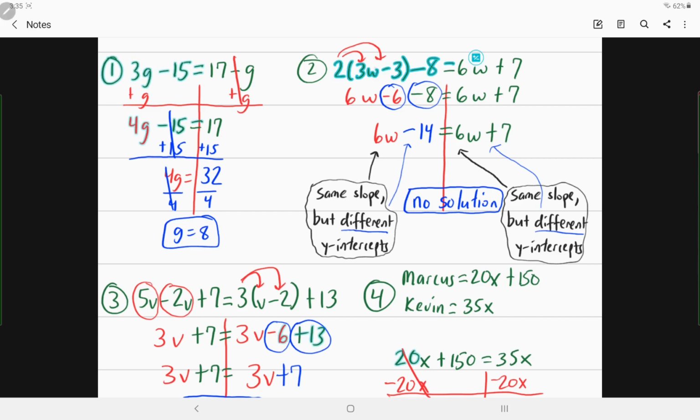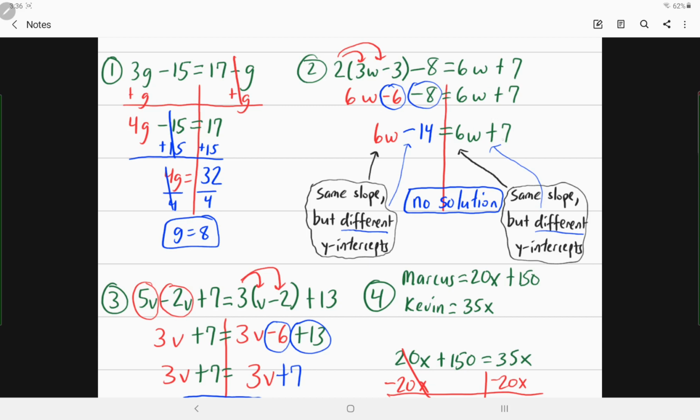Number two, you see you have parentheses here at the top. To get rid of that, you want to use distributive property and multiply. So when it comes out, you'll have these two terms here in blue. You can combine those like terms, those constants, and now on the left-hand side you get 6w minus 14.